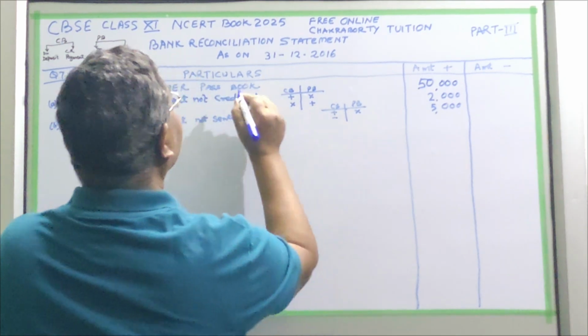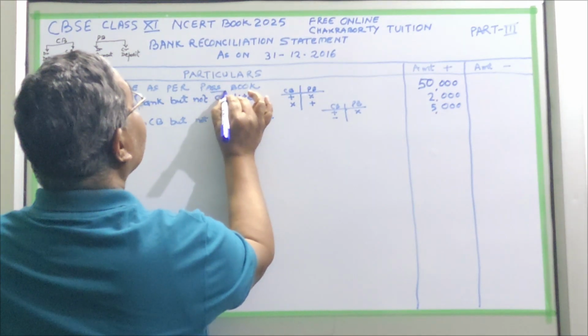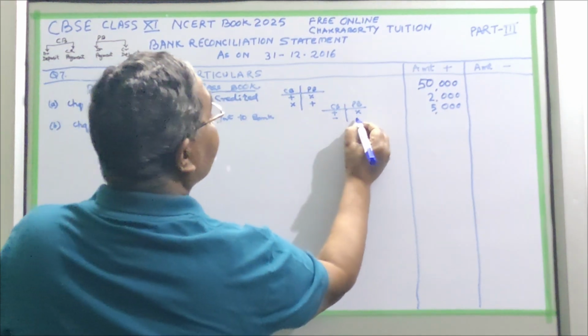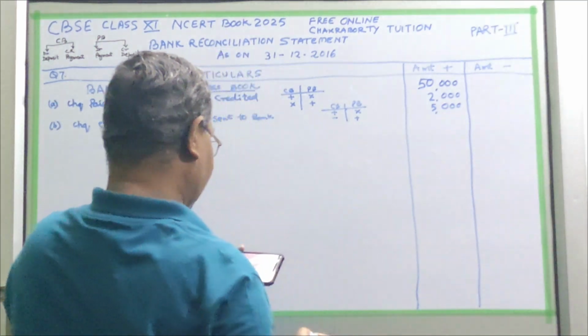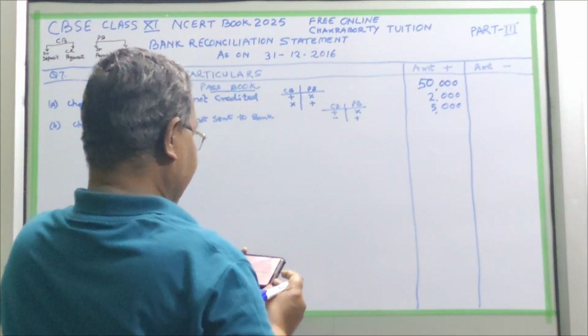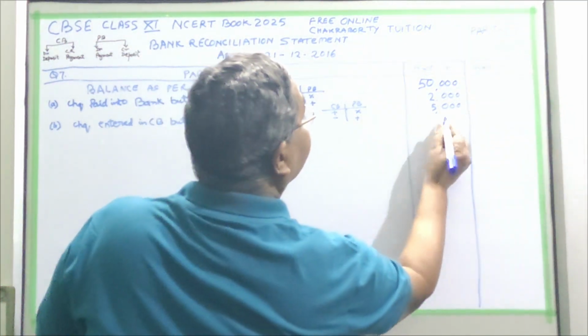You cannot touch the cash book because you are doing it as per the passbook. So the passbook should also credit it, and then it will be squared off. So 800.